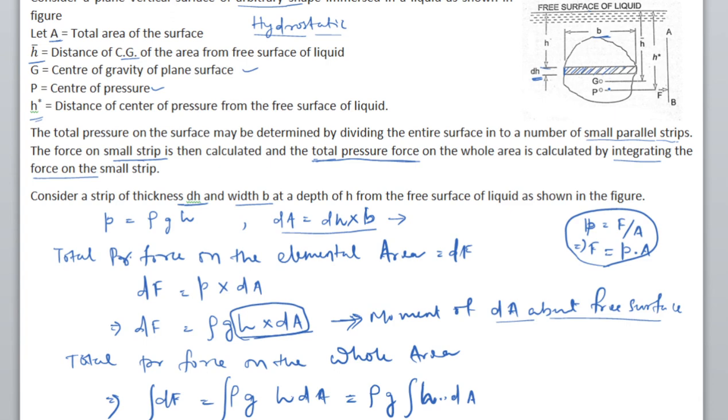So in the case of the whole surface, when you want to calculate the moment of that surface, you need to take the distance from the center of gravity. So it is quite easier.